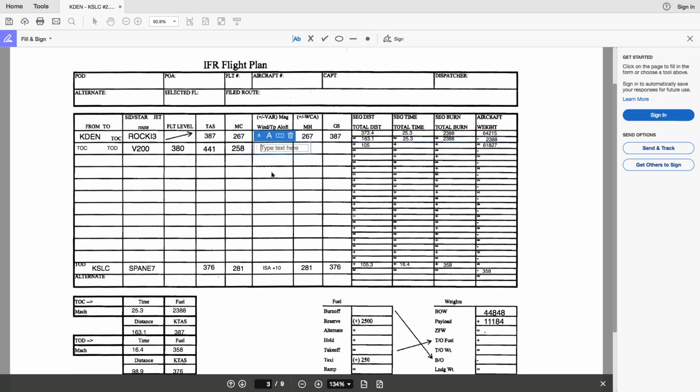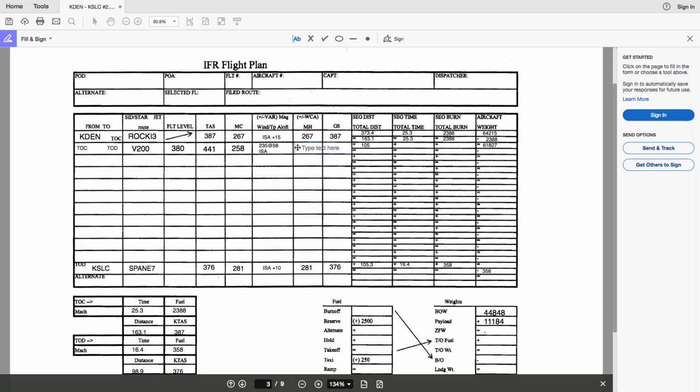So now we need to figure out, we've got our average winds aloft, right? 235 at 58 knots, and then our ISA deviation that we're using is ISA, right? Okay, put that in that box.